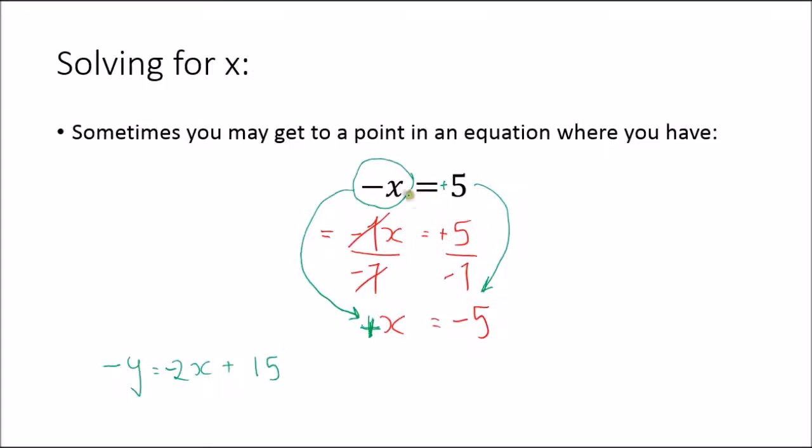We could apply this technique that I first described to this equation, or we could just do the shortcut, which is where if I change the sign on the left hand side, so my -y becomes +y, I just change the signs on everything on the right hand side. So my -2x becomes +2x, my positive 15 becomes -15.